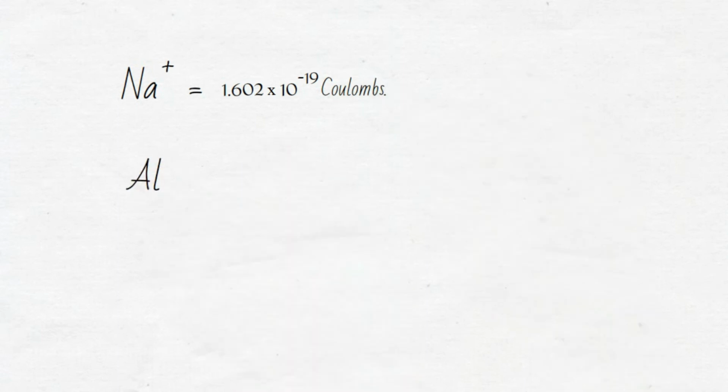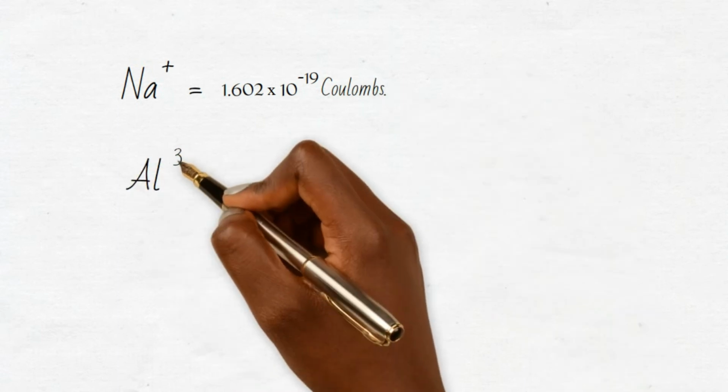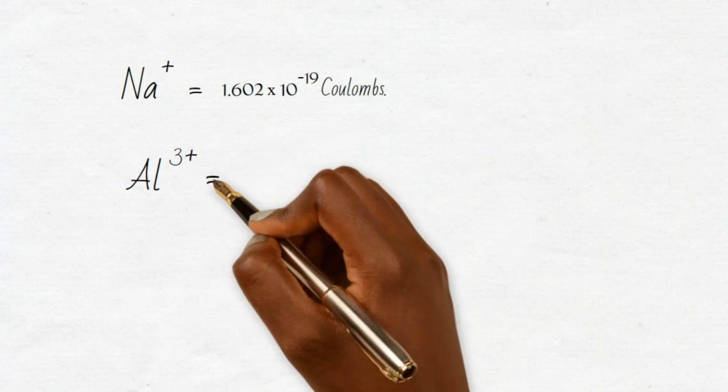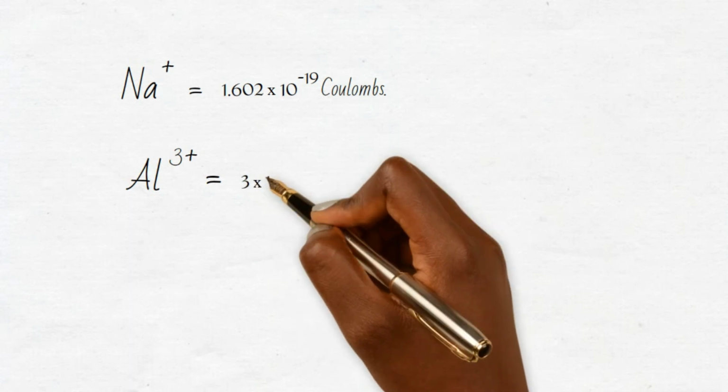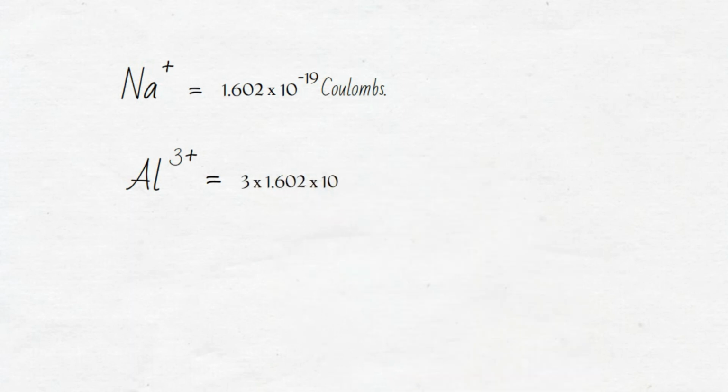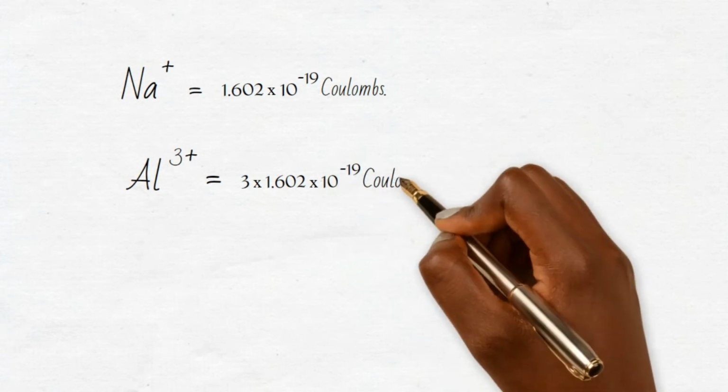Also, the greater the charge on the ion, the greater the Coulombic value. For example, the aluminum ion, which is Al3+, would have a charge of 3 times 1.602 times 10 to the minus 19 coulombs.